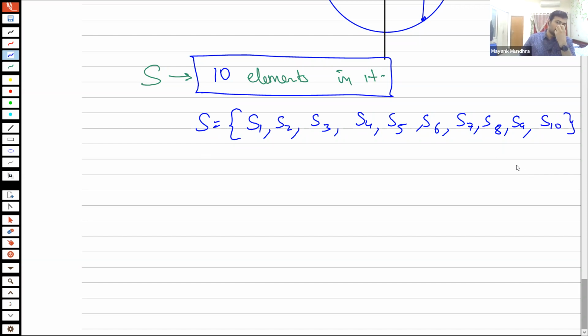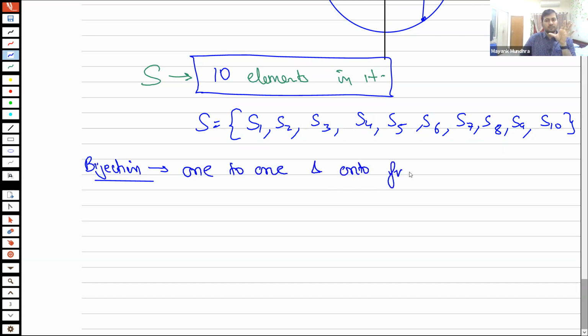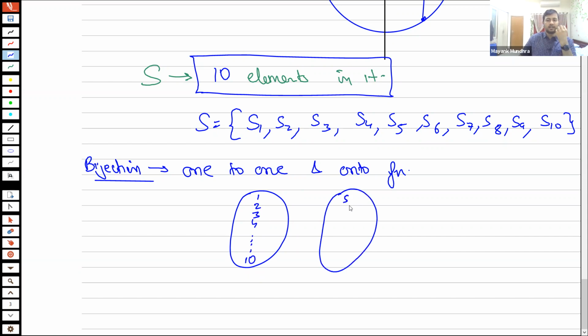What this means is that you can construct a bijection. A bijection is basically a one-to-one and onto function. So you can construct a bijection from the set 1 to 10. You can have a set 1, 2, 3, 4, and so on till 10, and then you can have a set S1, S2, S3, and so on till S10.